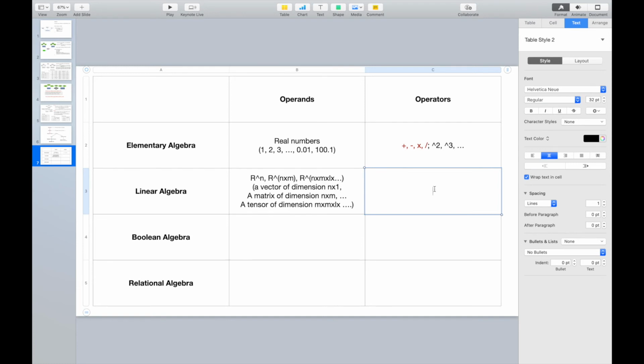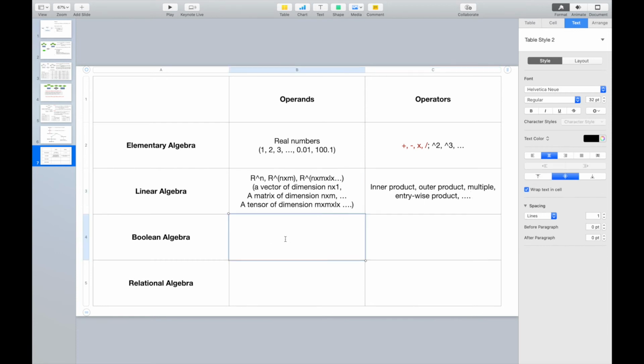The operators include the inner product, and we can also have the outer product. We can also multiply a matrix with a vector. We can also have more complex product operators like the entry-wise product, and so on. So these are the operators we can use for the linear algebra.